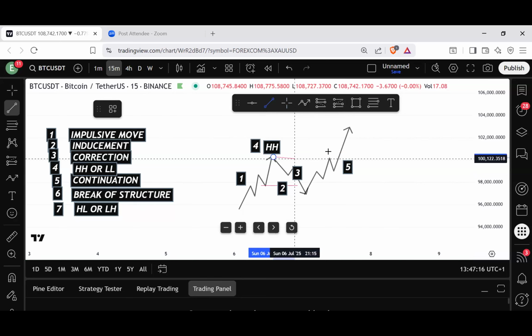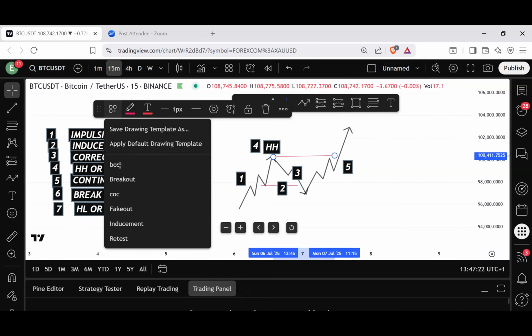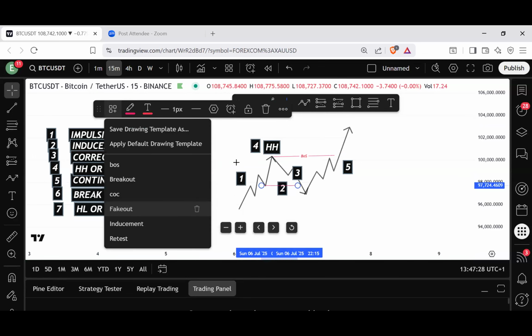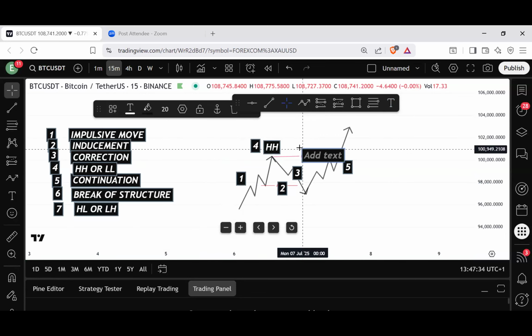The line will be here. So that's the break of this inducement. And then that's number six.